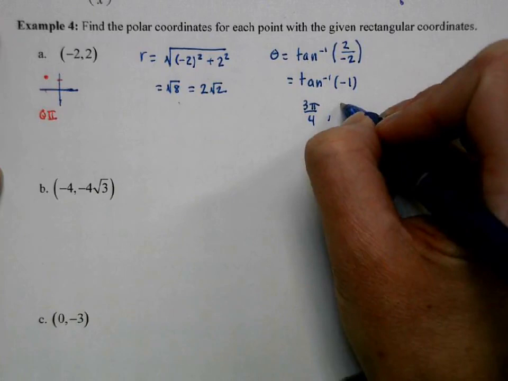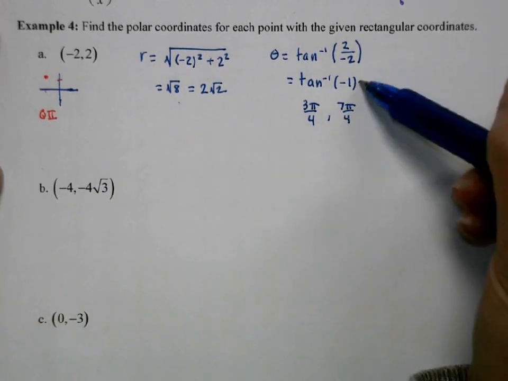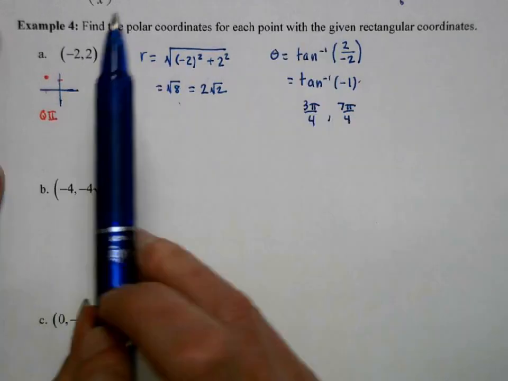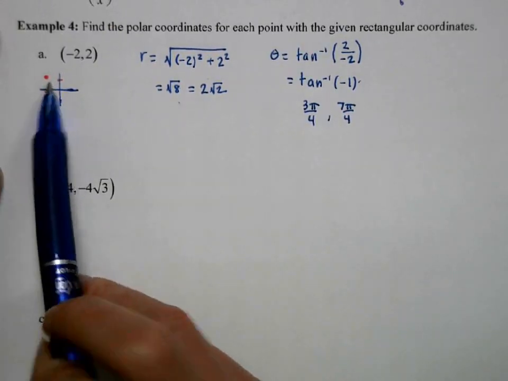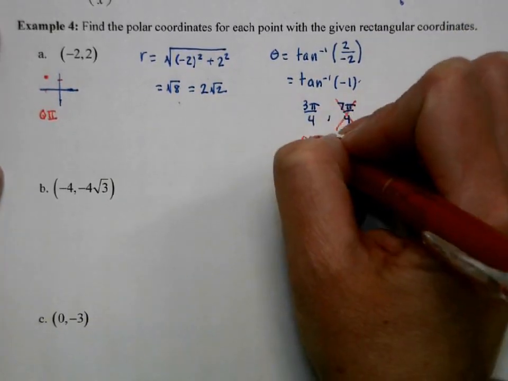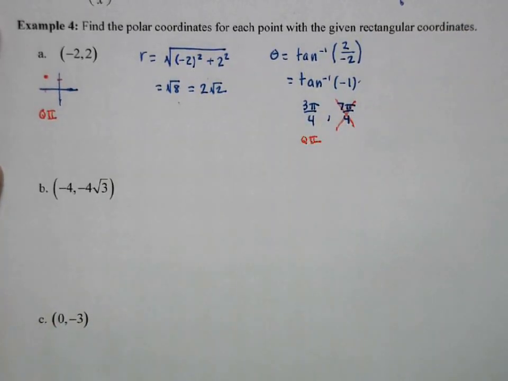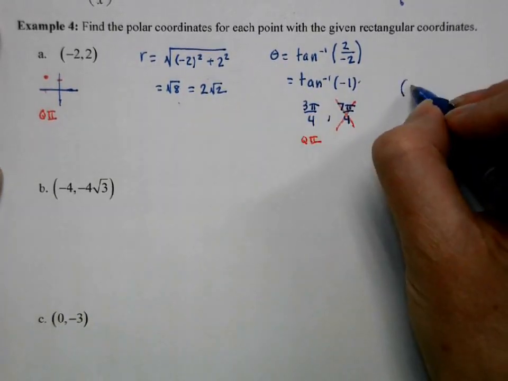Both of those are solutions to this, but both of those are not a solution to where this one's located. We want the one in the second quadrant. So then we're going to put this together as a coordinate. My solution here is 2 root 2, 3 pi over 4.